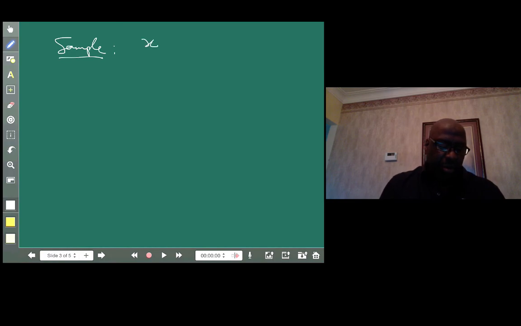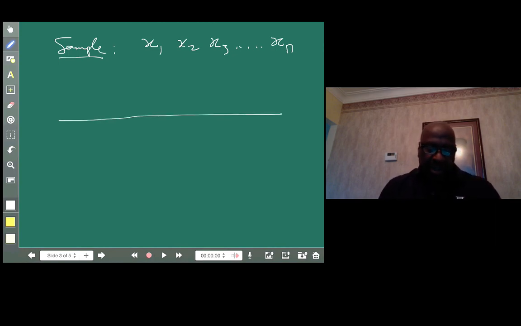So x1, x2, x3, up to xn, and remember n is the number of samples that we have. If I were to plot this on a linear scale right here, and determine the average, that's x bar, which is the sum of these values divided by the number that I have. Let's say x bar falls somewhere around here.